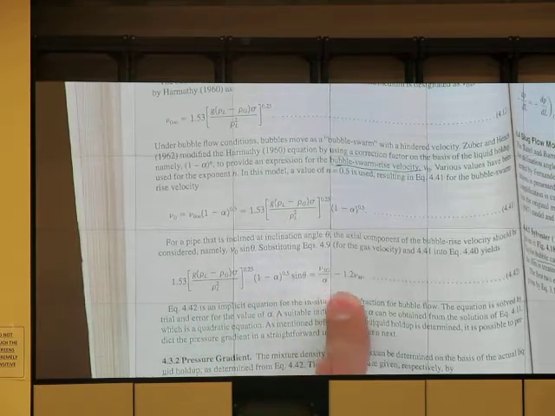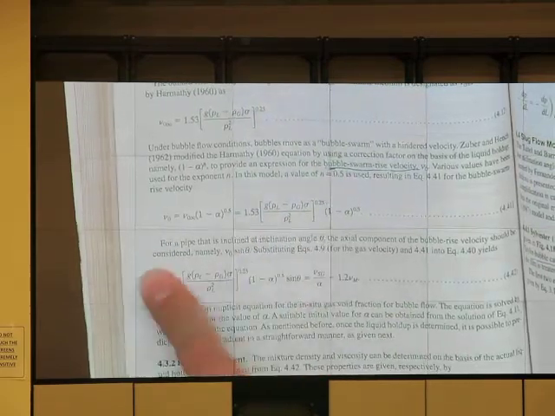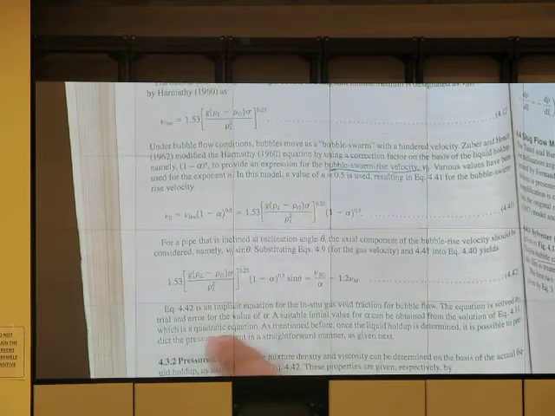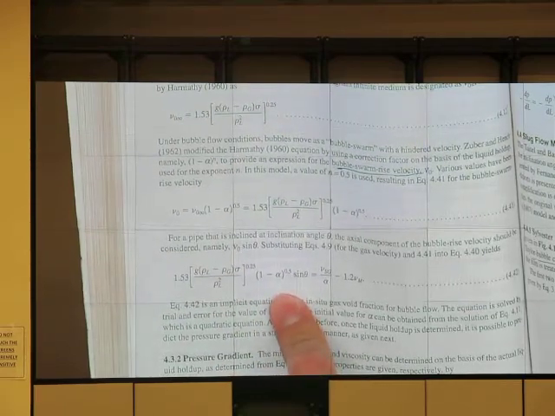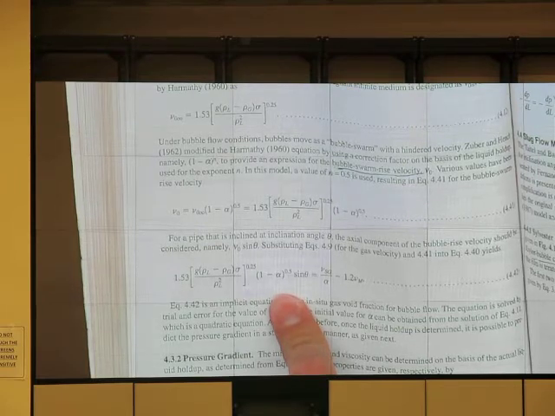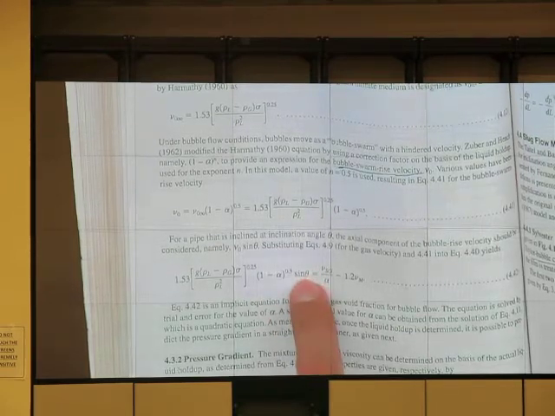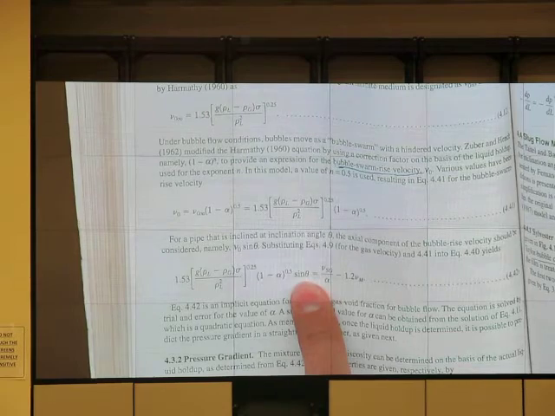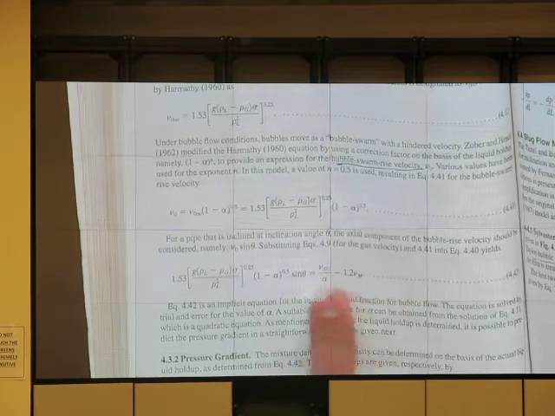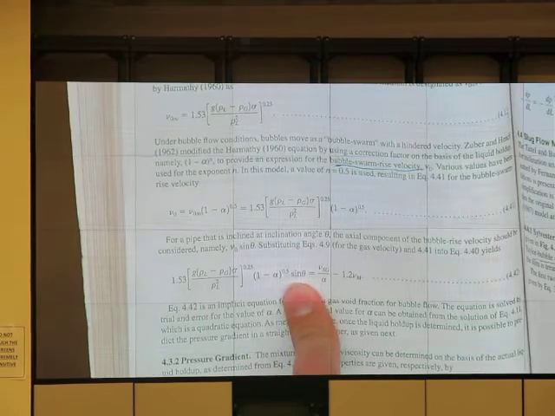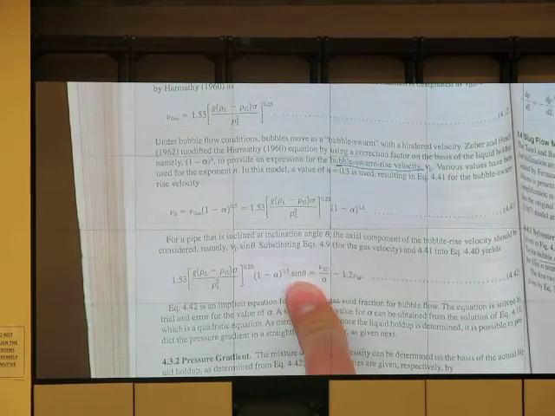So it's somewhat more complicated here, and a little bit more difficult to solve. This has an inclination term too. So you can use Ansari, instead of 4.11, use this equation. So it would be Ansari with the Hassan-Kabir option and it will be best.